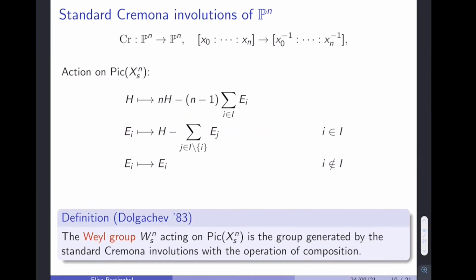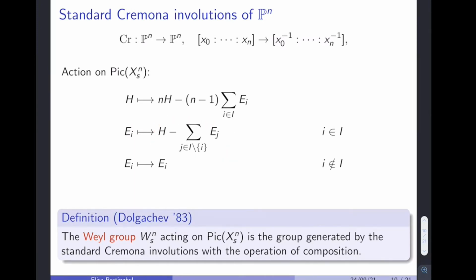I send the class of a general hyperplane H to the class of a hypersurface of degree n through n+1 points with multiplicity n-1. So if you replace n with 2, then you get a line through 2 points, like in the previous slide. And it sends exceptional divisors to hyperplanes through n points.